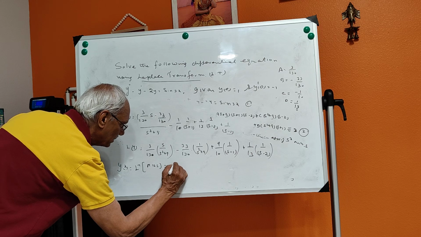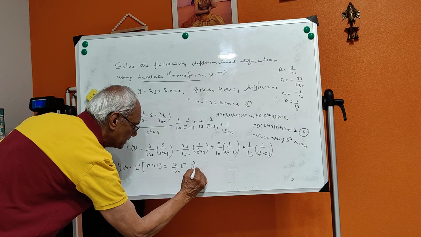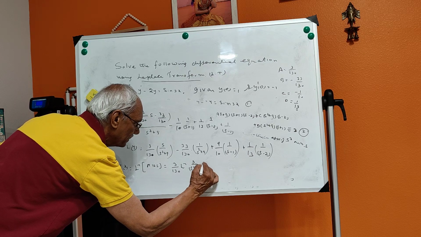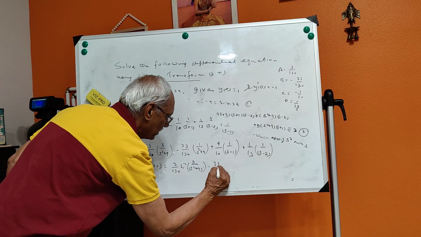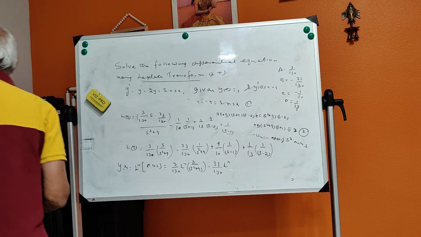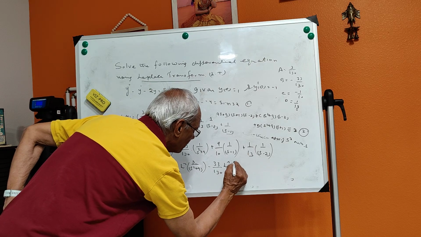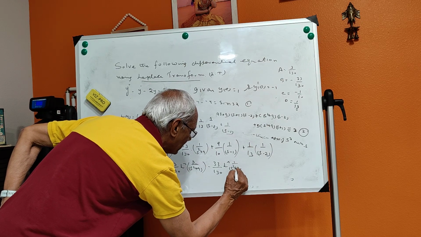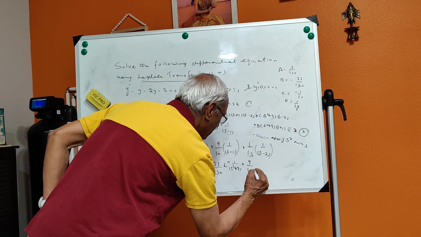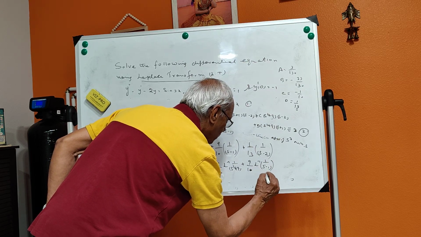So that is equal to 3 by 130 L minus 1 of s by s squared plus 9, then minus 33 by 130 L minus 1 of 1 by s squared plus 9, then plus 9 by 10 L minus 1 of 1 by s minus 1.